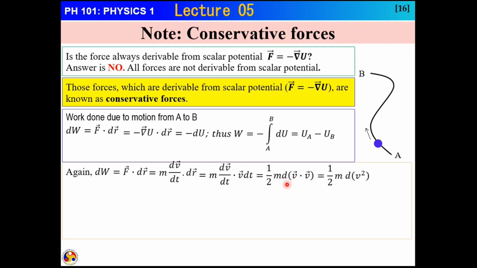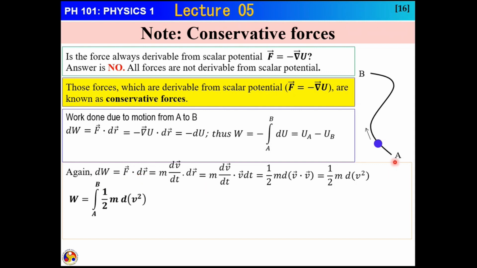So this can be written as half dv dot v, and if you do v dot v, there will be two times coming, and that will cancel with half. So basically m dv dot v vector will be equal to half m d(v dot v), which is half m d v square, and this is for a small portion of the displacement.